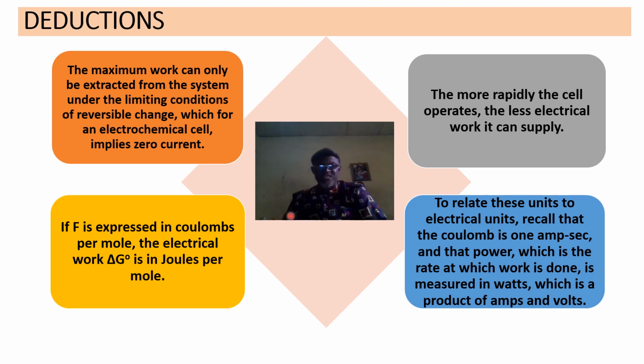If F is expressed in coulombs per mole, remember our Faraday, the electrical work delta G naught is in joules per mole. So we're trying to relate these electrical units. Remember we mentioned it at the beginning in terms of coulombs or power or work done, and of course current is measured in amperes.